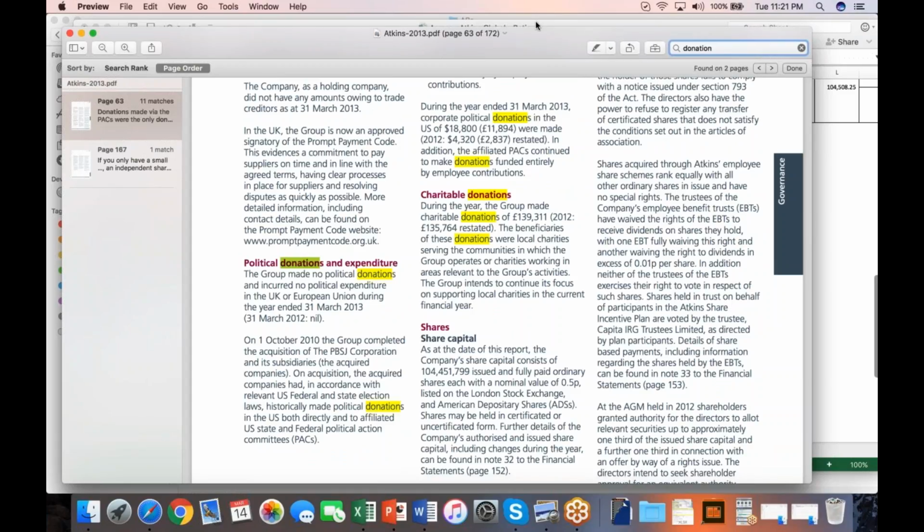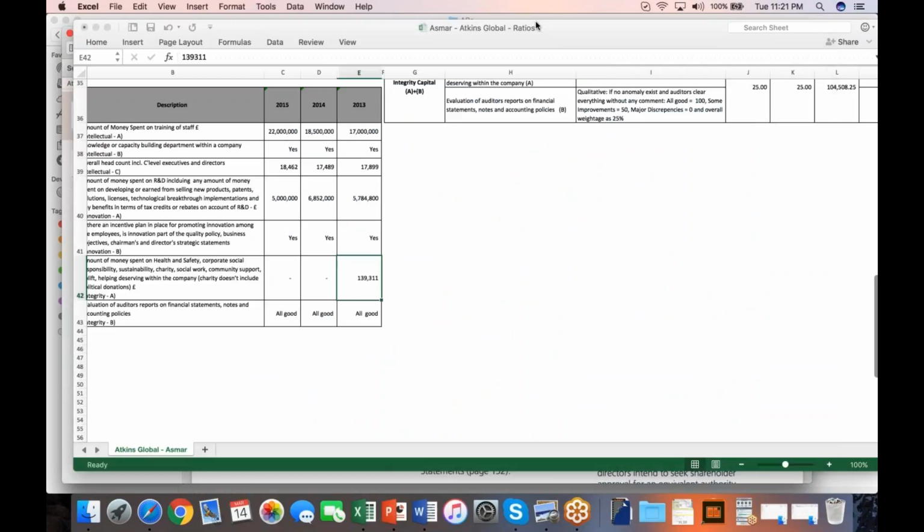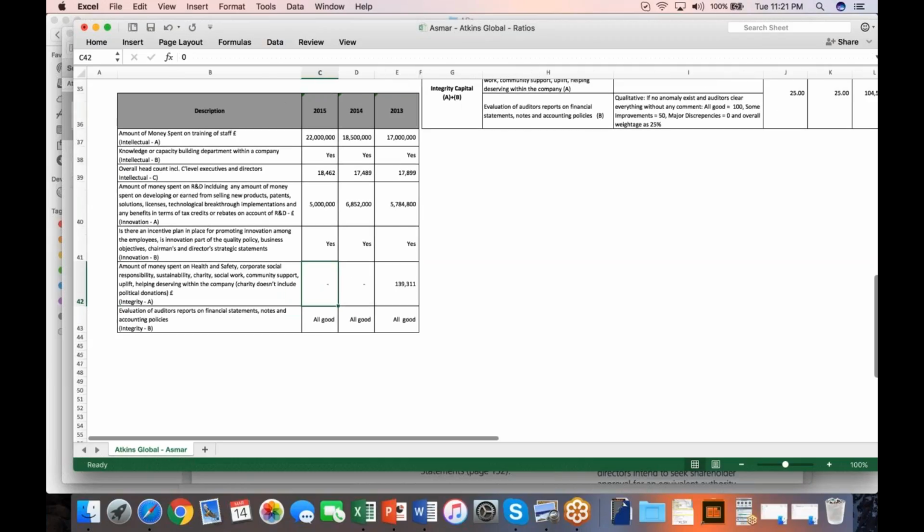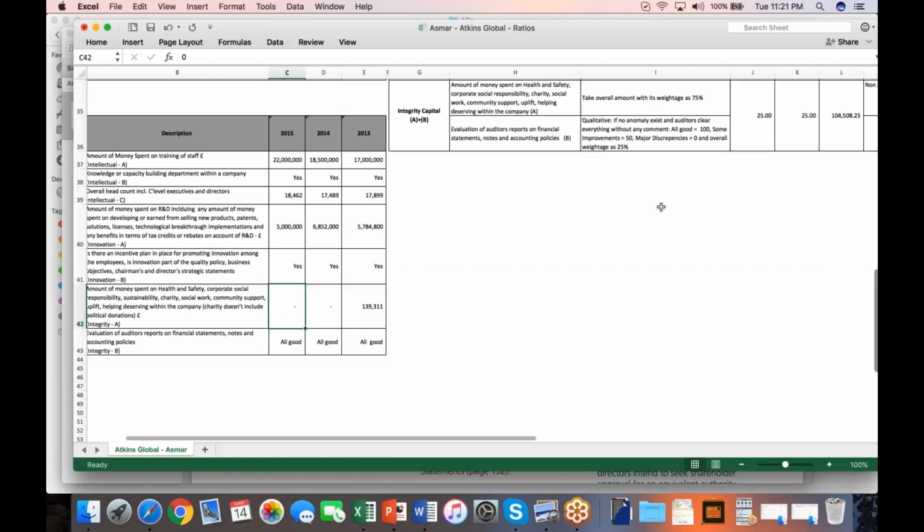I have put it here. In 2014 and 15, they have not done any charity, and they have not disclosed their expense numbers on spending on health and safety, improving HSC and sustainability. They have not given any breakdown of numbers, so I have not put any in. I have clearly put in that this has gone down.